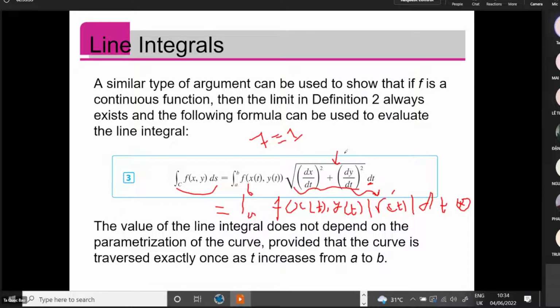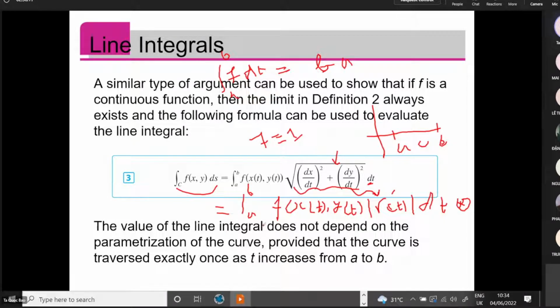It's quite similar when C is only the interval [a, b]. So C here is a line. Then the integral of f from a to b, dt. And now when f equals 1, it is exactly equal to b minus a. Therefore the length of C is now equal to b minus a.